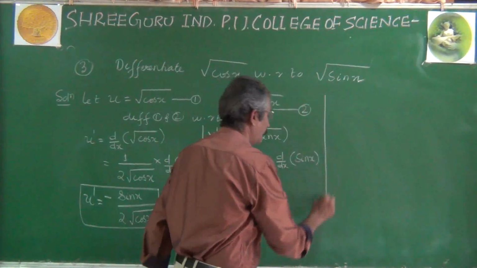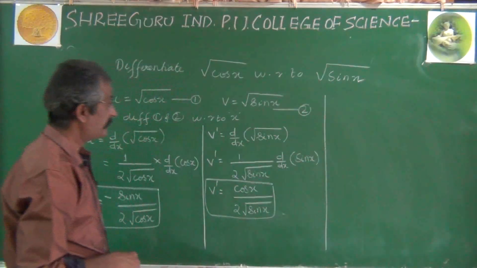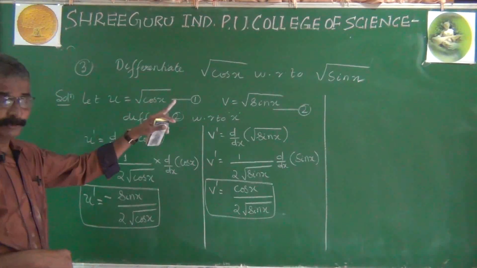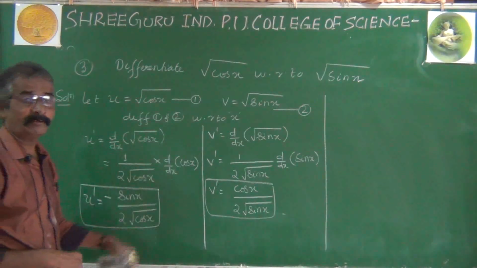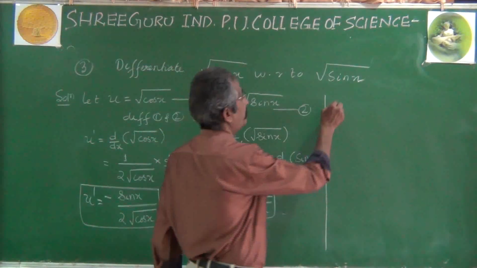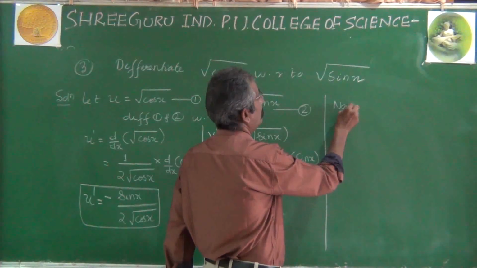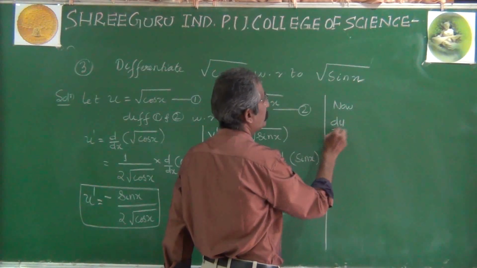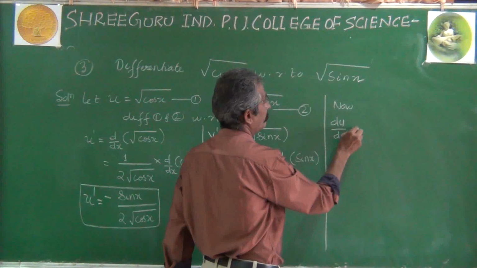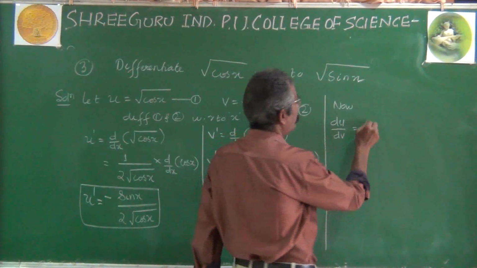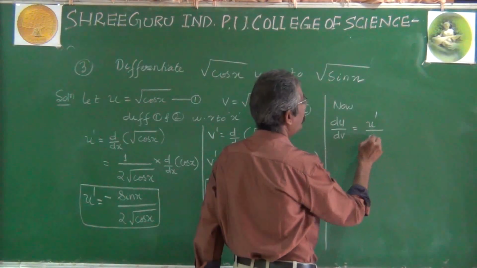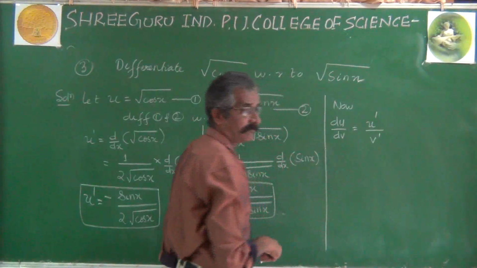Now finally we are asked to find the differentiation of u with respect to v, namely du by dv. Now du by dv equals u dash divided by v dash.